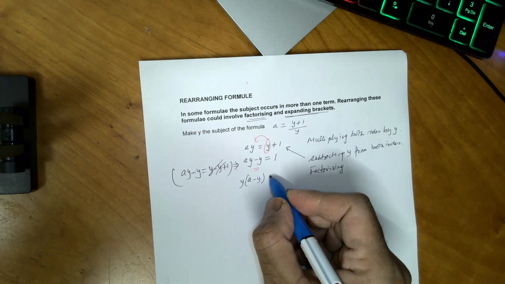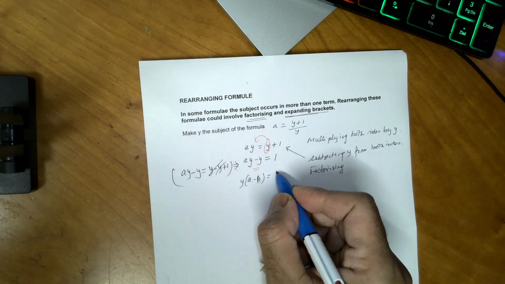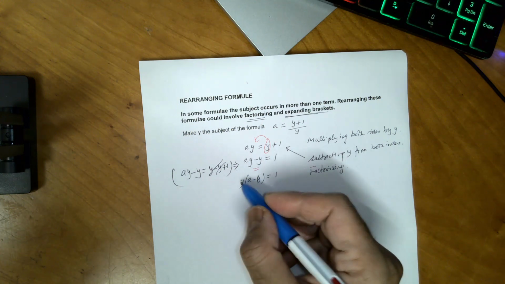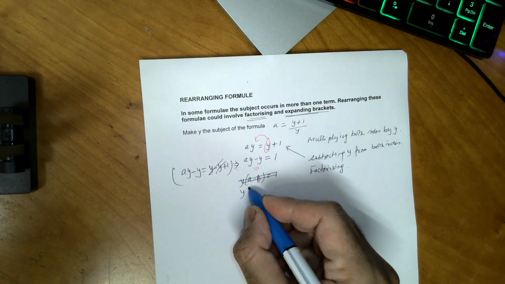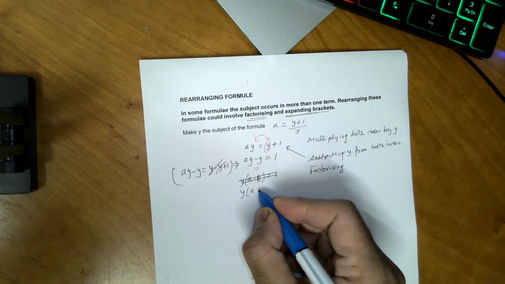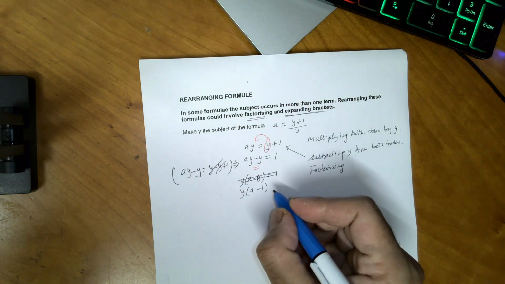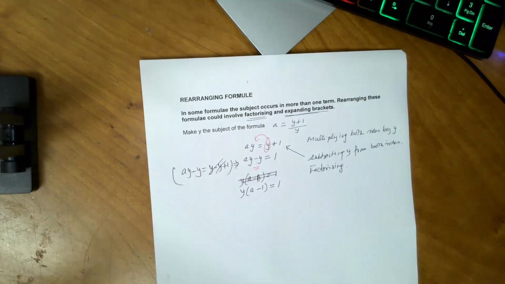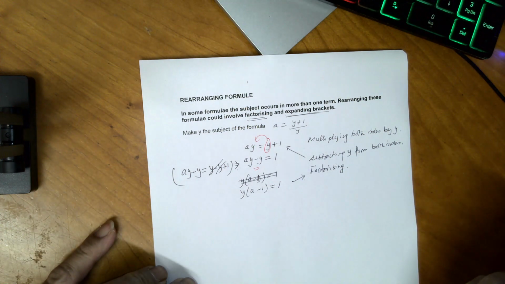Sorry, that would be y on the left and 1 on the right. So bring this y outside. I rewrite this as y times a minus 1 equals 1. Okay, so that's factorizing.